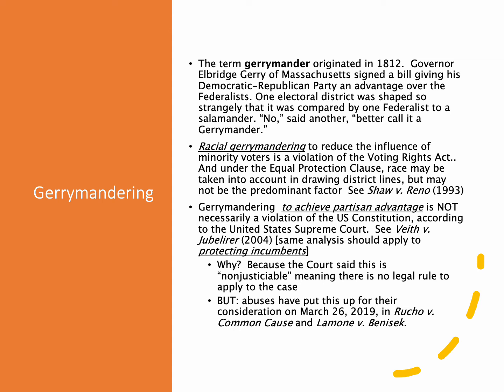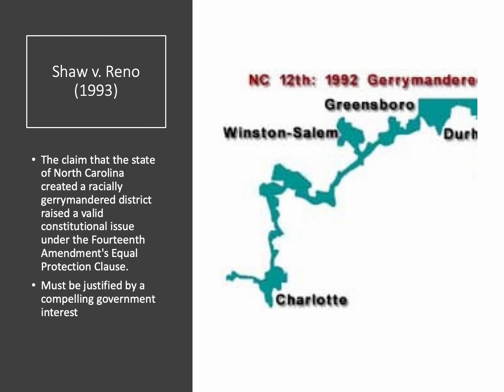That is potentially unconstitutional because it could be seen as violating the Equal Protection Clause of the 14th Amendment. Race can be taken into account, but it cannot be the predominant factor. Again, many people feel that we should have much stricter rules against racial gerrymandering and against partisan gerrymandering.